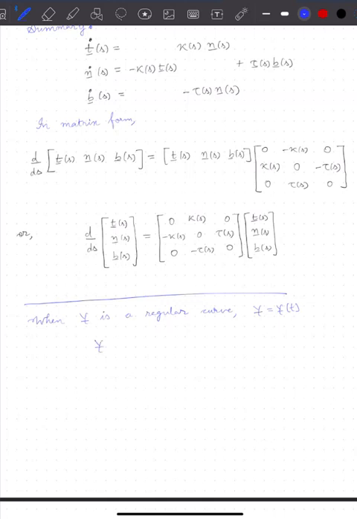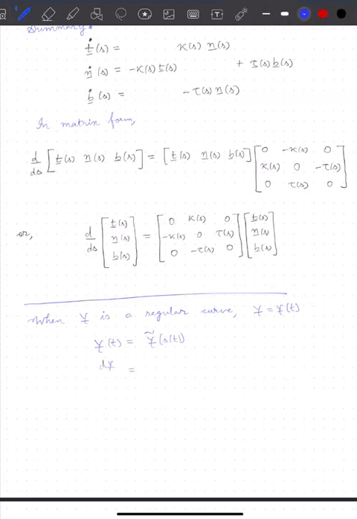So when we write gamma vector of t is equal to some gamma of s of t, let's just call it some gamma tilde of s of t, right?